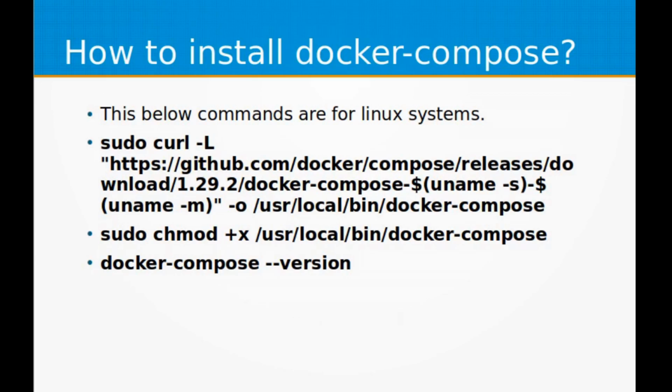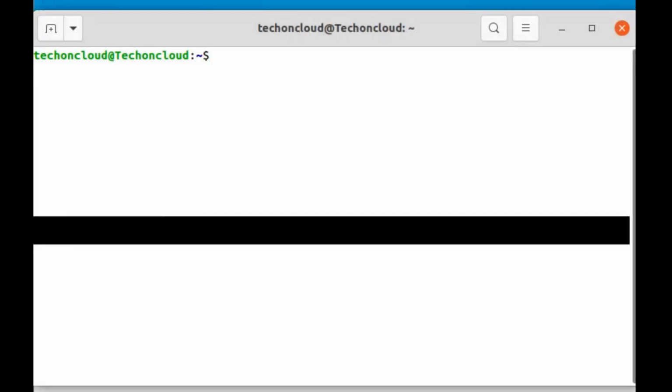Let me take you to my terminal and see which version I have installed. I am not executing all the commands. These commands are available in the slides. You can just write them down quickly on your system and install it. I will just show you the version which I have installed. So let me go to my terminal. Here we are.